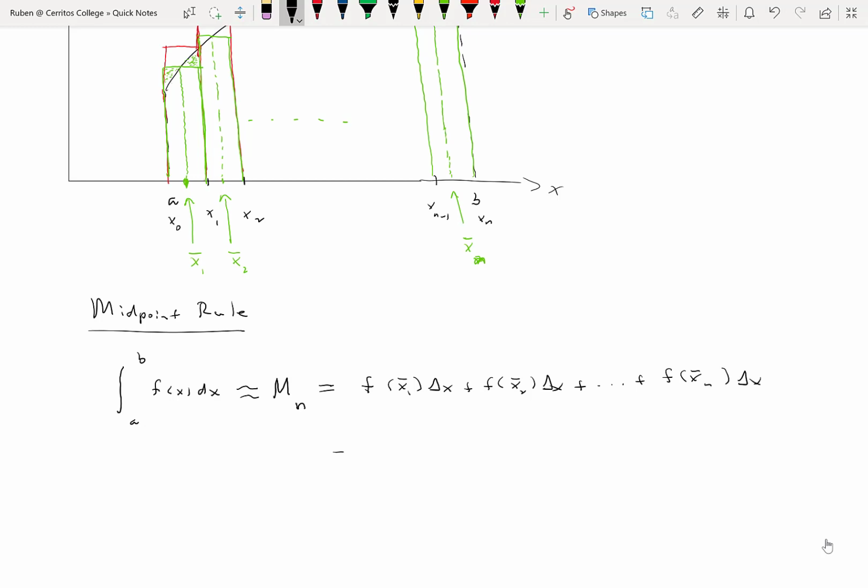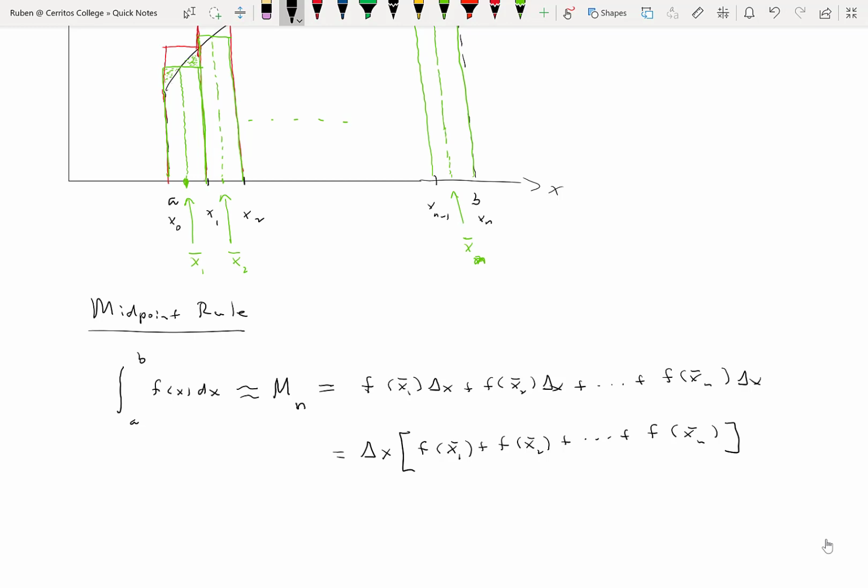To make the formula a little easier to memorize, it's delta x, just like the left and right endpoint approximations, times f of x1 bar plus f of x2 bar plus all the way up to f of xn bar.